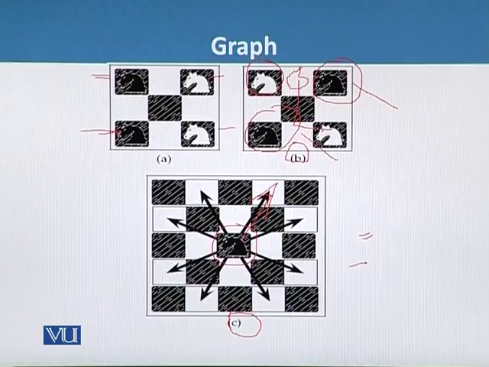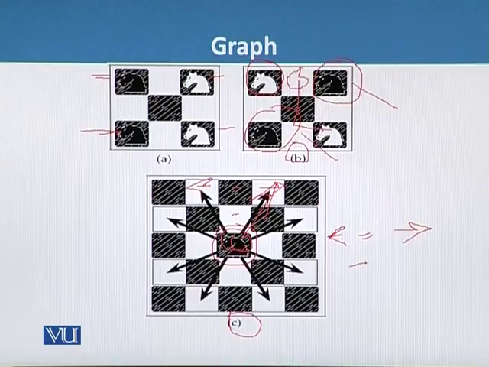Then after 2 blocks it can move either in the right direction or in the left direction. Here is the location of the black horse. It moves to a white block first, then to a black block on the second move, and the move ends either on the right side or on the left side. So the arrows indicate that the black horse can move onto these white blocks.